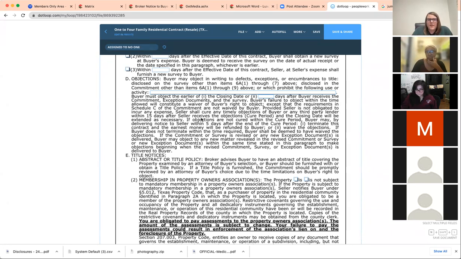Seller shall cure any timely objections or any third-party lender within 15 days after seller receives the objection. That's called the cure period. If the objections are not cured within the cure period, buyer may then deliver notice within 5 days, terminate the contract, or waive the objections. If you don't waive it, your buyer doesn't get to waive it the day before closing.